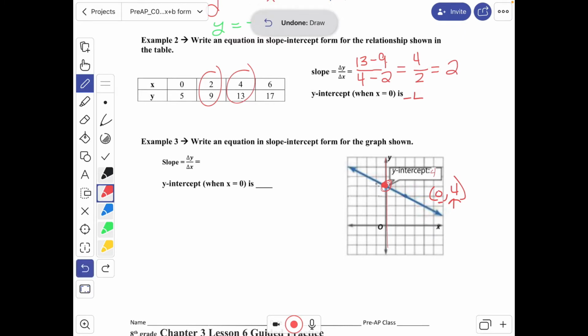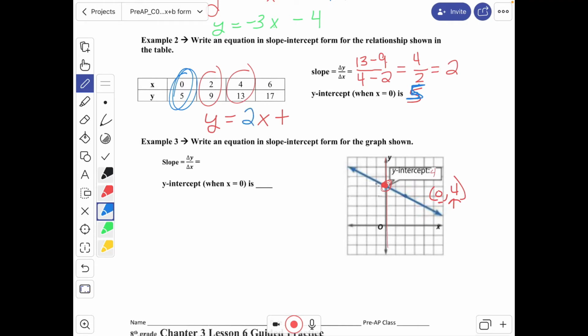I'm sorry, +5. It's right here. That's the y-intercept. And then we're going to write that in our formula. So y equals something times x plus. The slope goes in front of x, and the y-intercept is the plus.